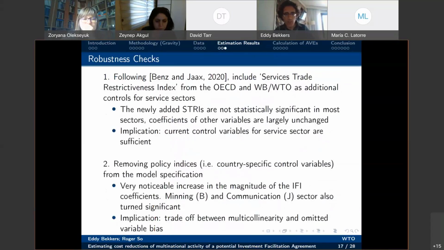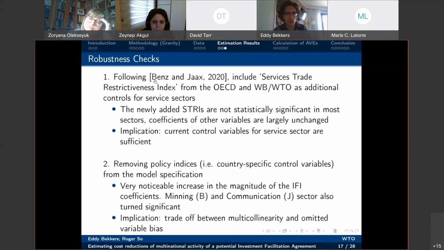Then actually, we started this methodology a while ago, but we've seen that Benz and Jacques have done something similar for mode 3, you could say. We're not restricting ourselves to the services sector, so therefore I don't call it mode 3.